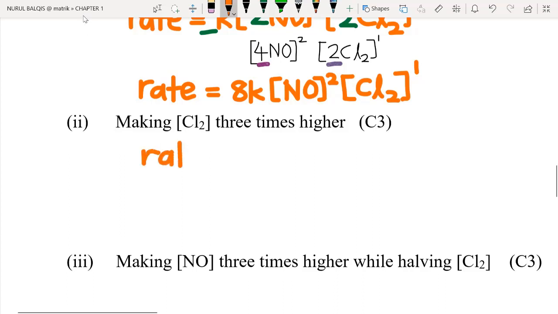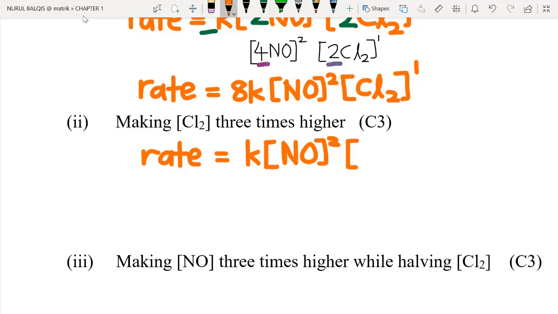So rate is equal to K NO squared. Then for Cl2 we have times 3, so 3 Cl2 to the power of 1. Okay, this one we have to the power of 2, sorry.